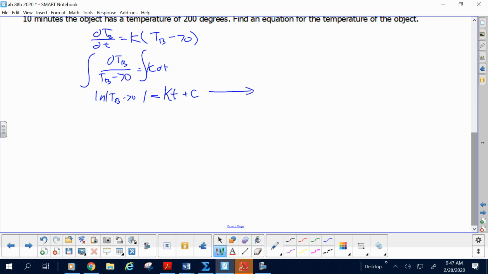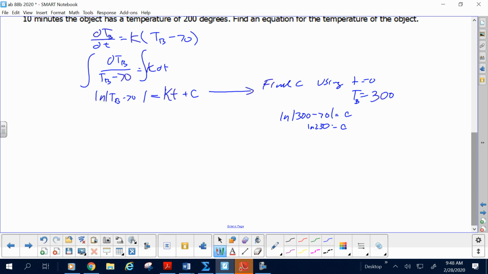Now then, you're going to find the C using the time 0 case. At time equals 0, the temperature of the body is 300. Now, based on that, I would have natural log of 300 minus 70 equals C. So C is the natural log of 230.